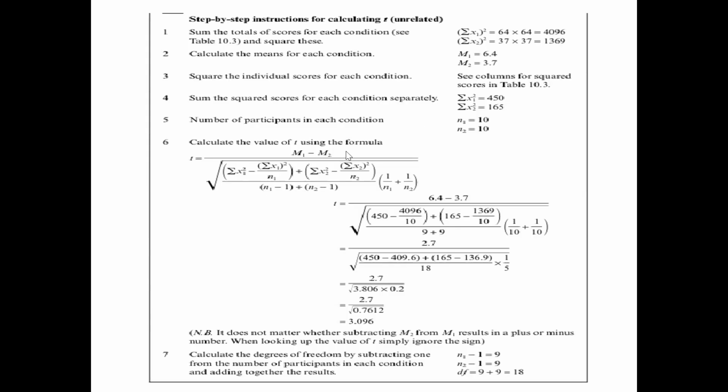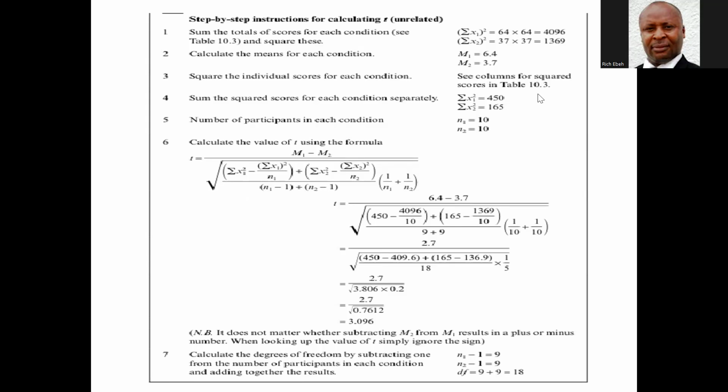So we know what these symbols mean. What we have done before now is stated here, so we just put them. So M1 is 6.4, M2 is 3.7. Then summation x1 square is 450.